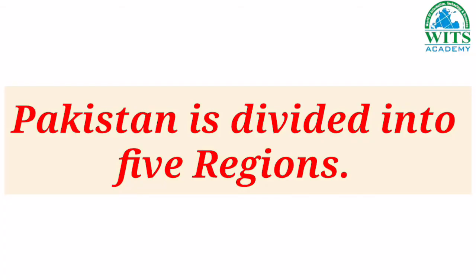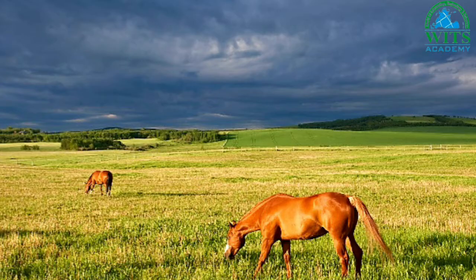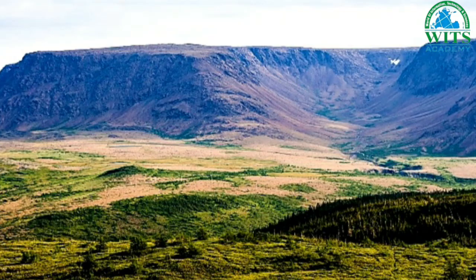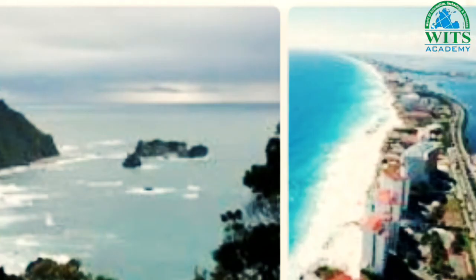Students, Pakistan is divided into 5 parts or regions in accordance with different surface features and climatic conditions. What are these? Mountains, plains, plateaus, deserts, and coastal areas.